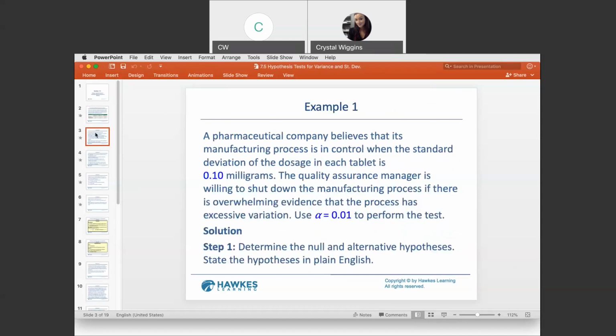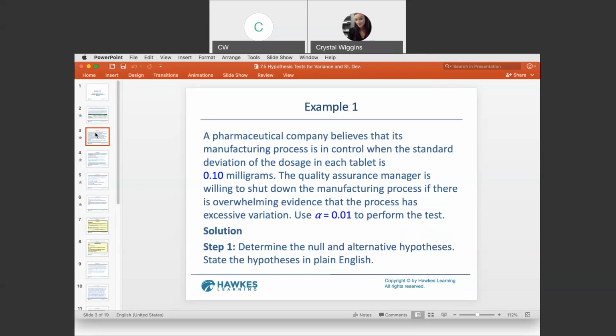First example: a pharmaceutical company believes that its manufacturing process is in control when the standard deviation of the dosage in each tablet is 0.1 milligrams. The quality assurance manager is willing to shut down the manufacturing process if there is overwhelming evidence that the process has excessive variation, which means that you're producing these pills and each tablet isn't remotely near 0.1 milligrams, which could be detrimental to somebody's life, depending on what the drug is.